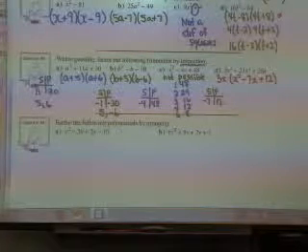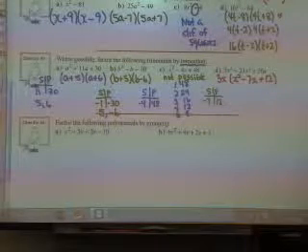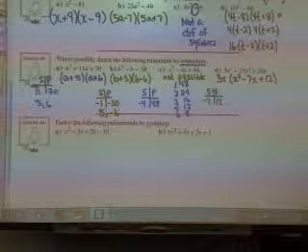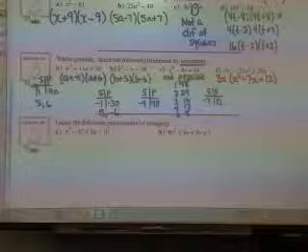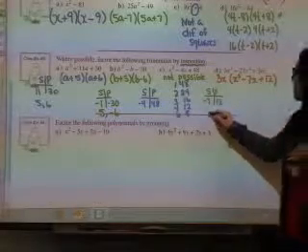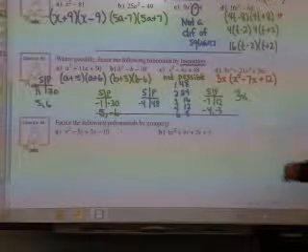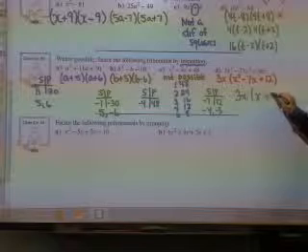So if the sum is negative and the product is positive, we said my two numbers had to be both negative. So what are two numbers that multiply to 12 and add to -7? Good, thank you, Addison. So the 3x will stay out in front, it doesn't disappear, and then I have my two factors.